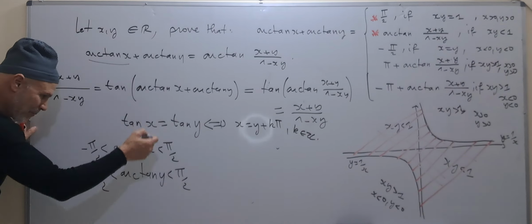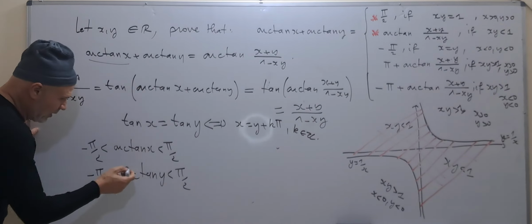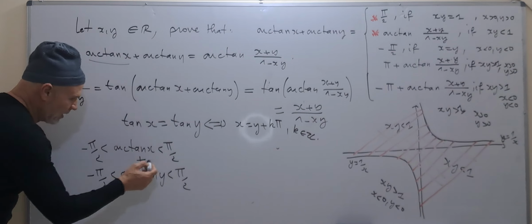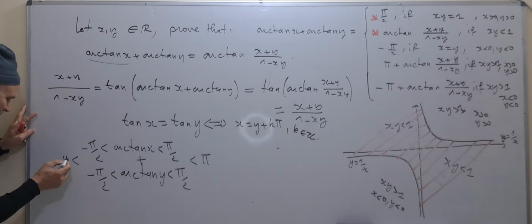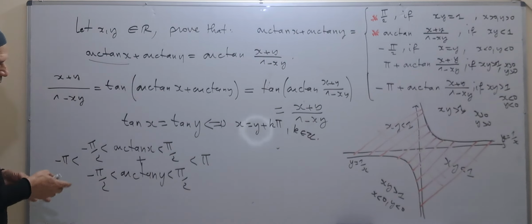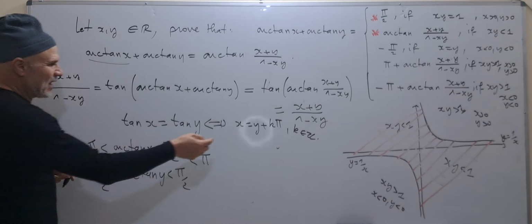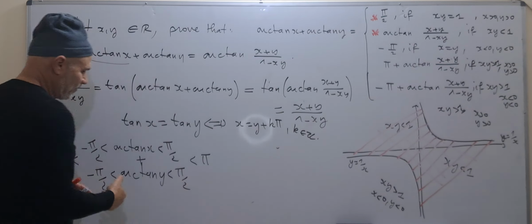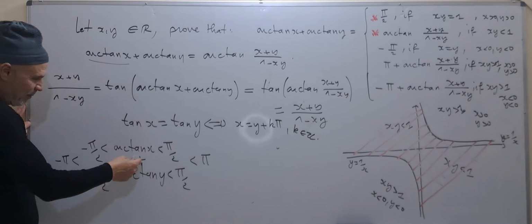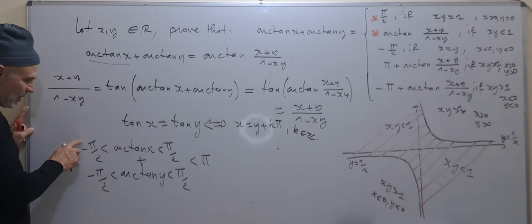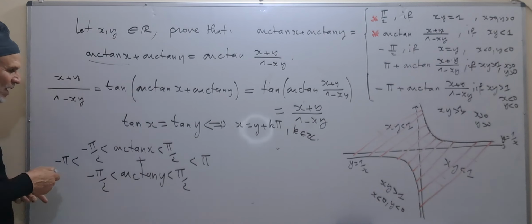If we take the sum of the two arctangents, we will get less than π and greater than minus π. If this is the situation, we cannot deduce that k is equal to 0. What is the trick? The trick is to try to prove that the sum is actually between minus π over 2 and π over 2.